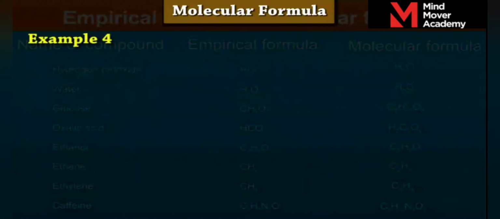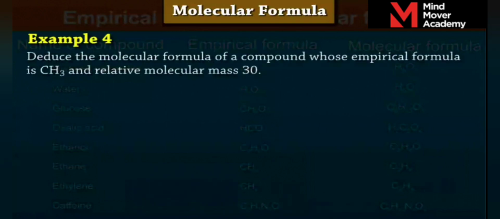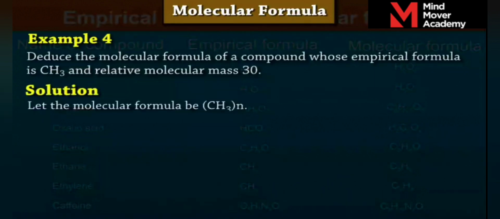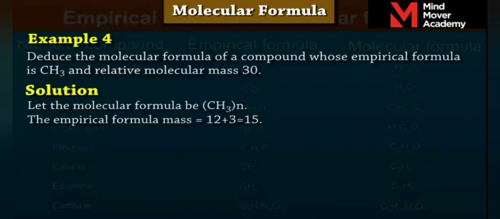Let's take an example here. Deduce the molecular formula of a compound whose empirical formula is CH3 and relative molecular mass is 30. Let's solve this. Let the molecular formula be N times CH3. The empirical formula mass is equal to 12 for carbon plus 3 for hydrogen, equal to 15.